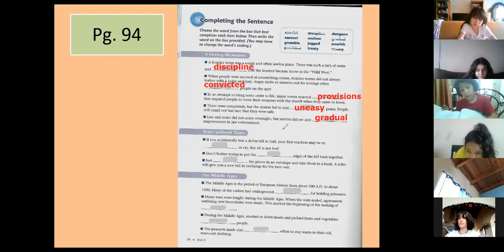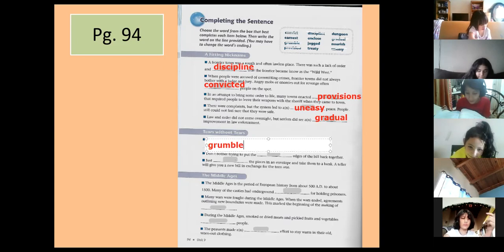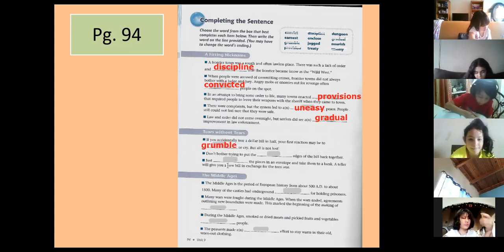Annoyed. If you tear the dollar bill in half, you're going to crumble. Excellent, excellent, Gabriela. So it's crumble. Let's write it down, crumble in the space. You can crumble or you can cry, it says.